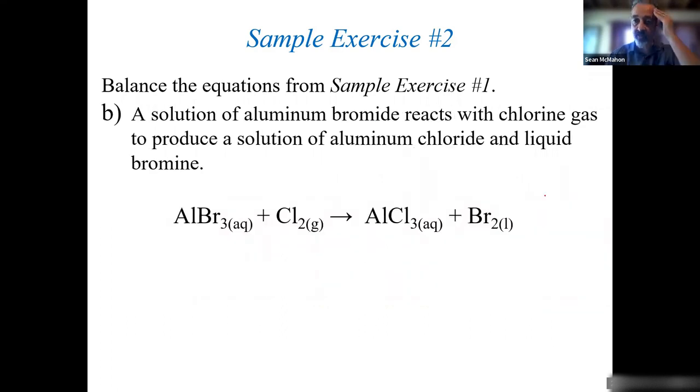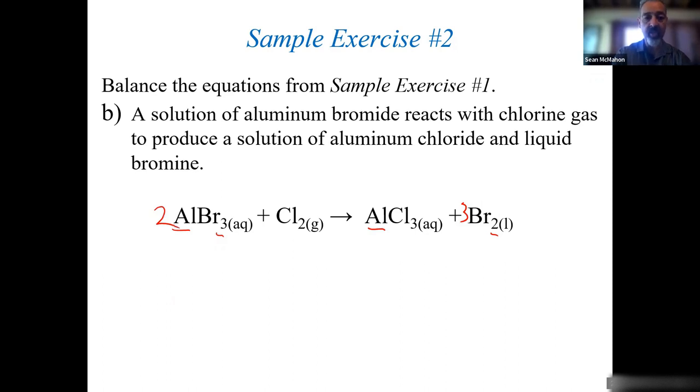So first, we would go metals. All right, 1 aluminum, 1 aluminum. Then I would go to nonmetals. 3 bromine on this side, 2. What's the common denominator? What do they both go into? 6. So 2 times 3 is 6. 3 times 2 is 6.